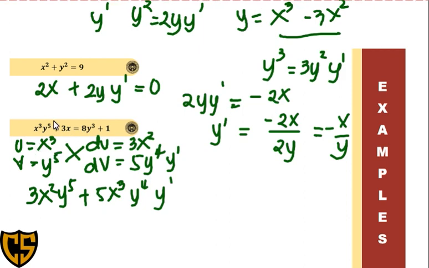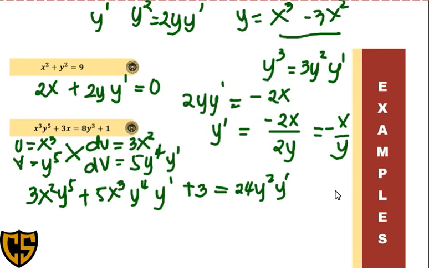Next, na-derive natin subong is this is for the derivatives sa ating first term. Derivatives sa ating second term, derivative ng 3x, that will be equal to 3. So, plus 3 is equal to derivative of your 8y cubed, that will be equal to 24y squared. So, nag-derive tas ang y, so we are going to add y prime. Next, derivative of 1 is 0 na lang.